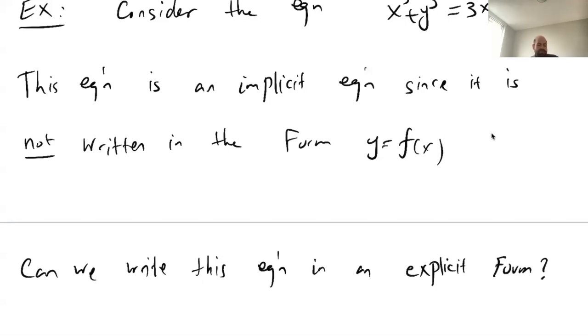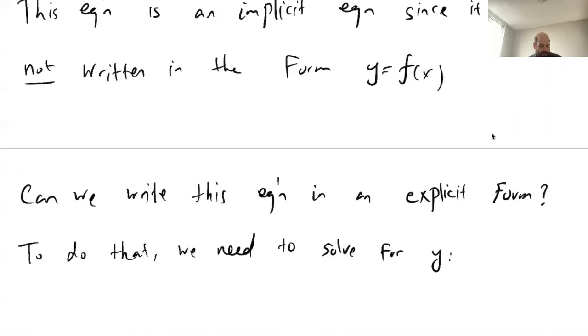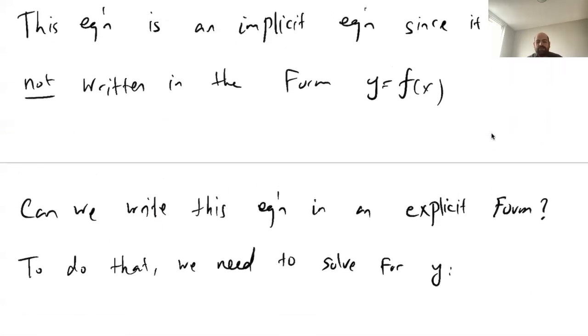Well, if you want to write it in an explicit form, we need to solve for y, because explicit form means y equals a function of x.